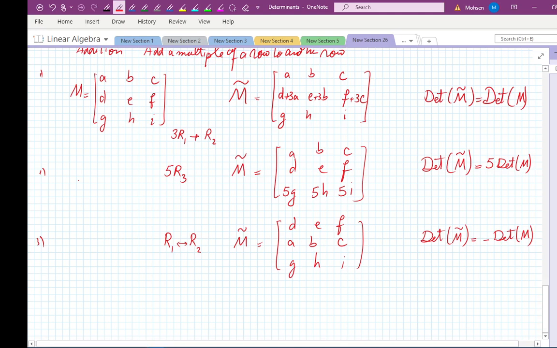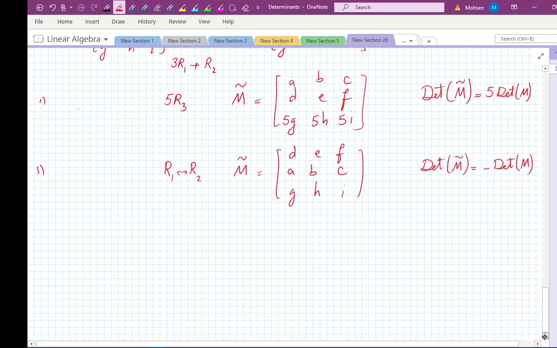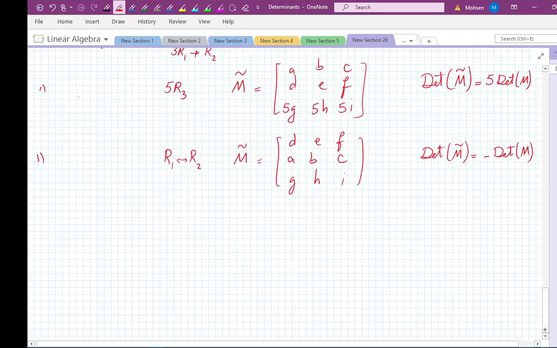So what's the advantage of these things? The advantage is that our holiest operation in this course was the Gaussian elimination. Our Gaussian elimination was made out of these 3 operations, so we can track what happens to our matrices and its determinant, and that would actually be the most practical way of calculating the determinant of a matrix that's made out of numbers: apply the Gaussian elimination and track your determinants until you come to a matrix that's easy to calculate the determinant of.